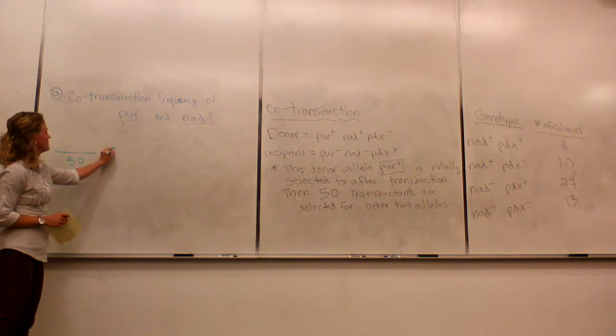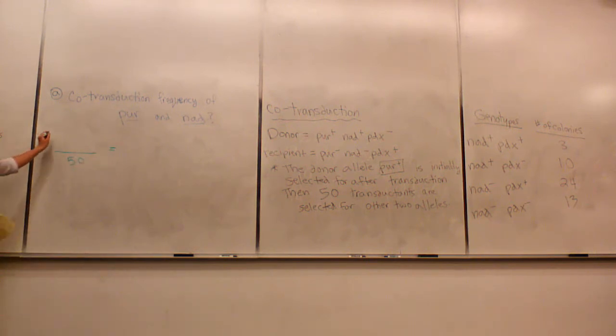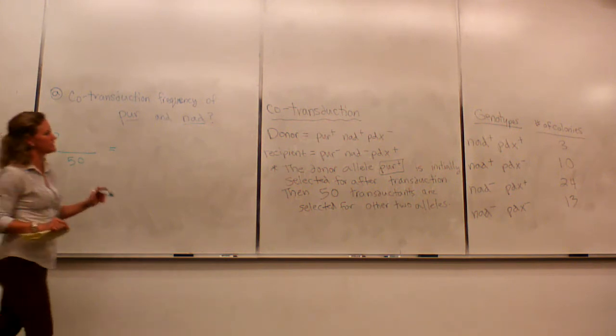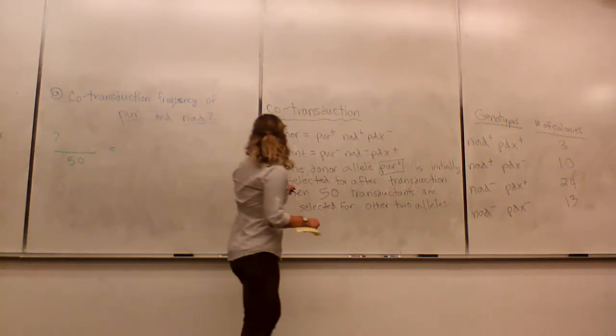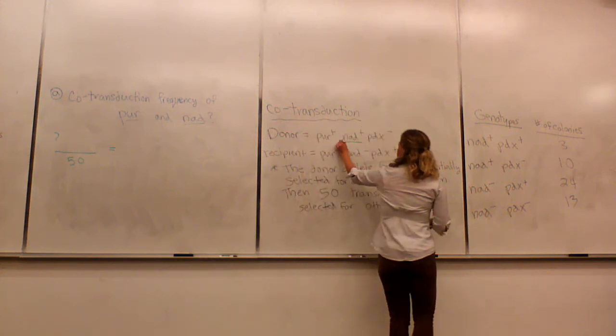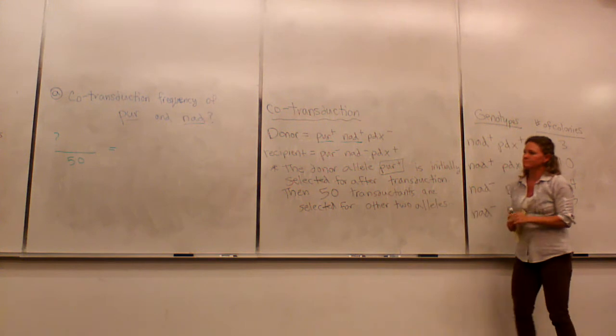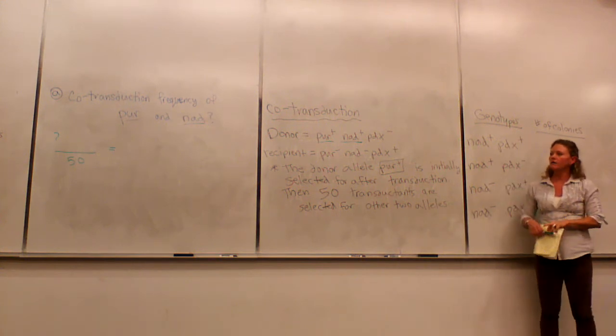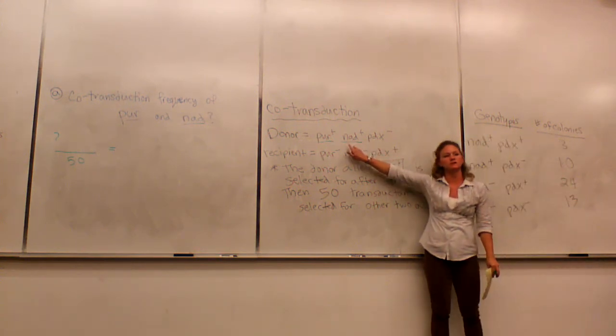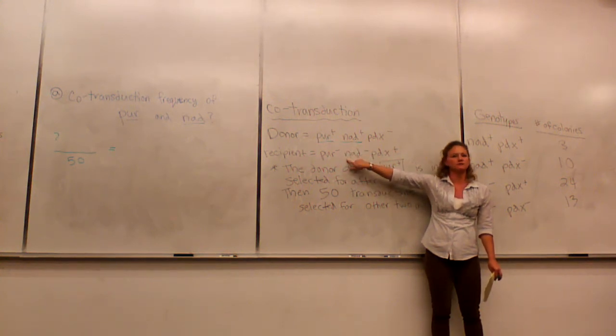progeny number, okay? And what we really want to know is, okay, what's this number? We're looking for pure and NAD, and we're looking for co-transduction frequencies. Okay? So that means your donor, whatever it's giving, so in this case we're focused on pure and NAD, how often these two genes get picked up by the phage and then transferred into a recipient bacterial cell.